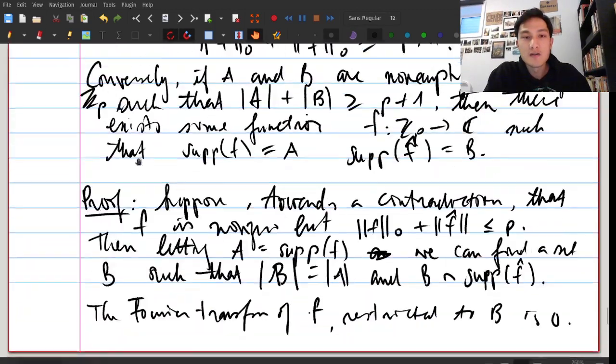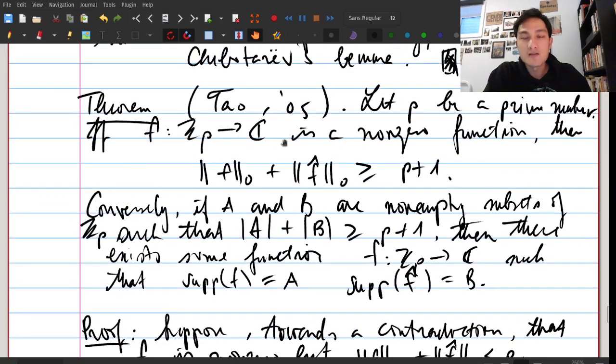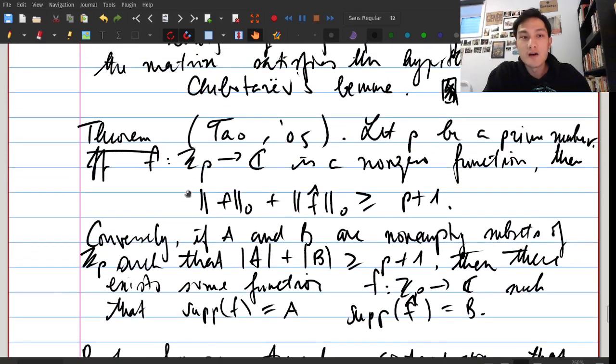We've shown that Tao's uncertainty principle is over Z_p, where p is prime and Z_p is a cyclic group. It says that if f is a non-zero function on Z_p, then the size of the support of f plus the size of the support of f hat has to be at least p plus 1.